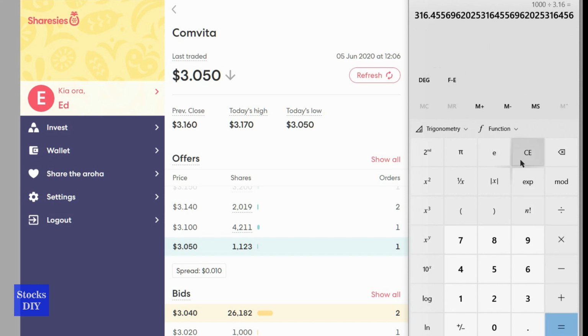So 327 minus 316 equals 11. So there is an 11 share difference, and if you multiply that with the current price, 3.05, then basically you have a $33.55 difference on the $1,000 investment.